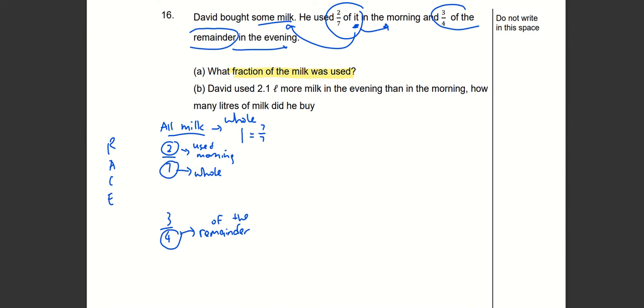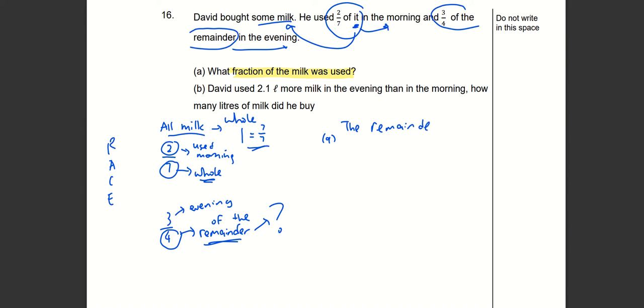And then 3 units represents the evening. This is of the remainder, which is a different denominator from the first fraction that represents the whole. So what you need to find out first is, what's the remainder? In this case, I have the whole.